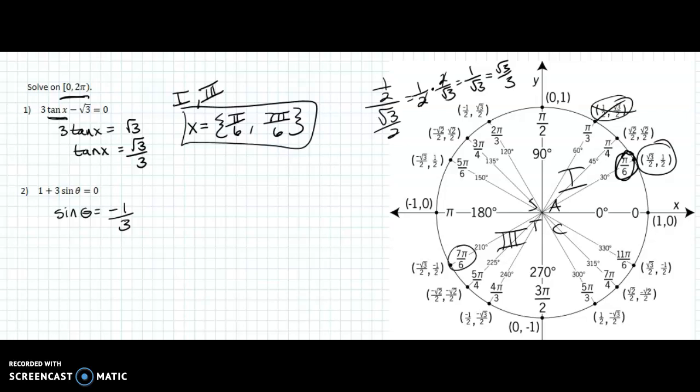Okay, so that's a little bit tricky to handle because -1/3 is not on the unit circle. So we have to first decide the quadrants we are looking in. And so sine theta is negative in quadrants 3 and 4. So I'm looking down in quadrants 3 and 4.